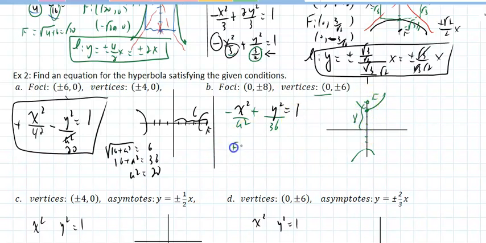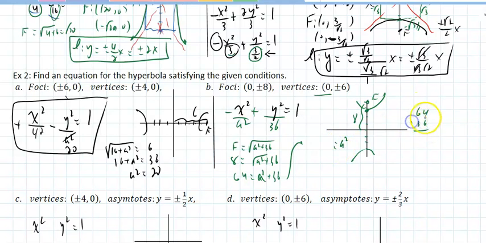So we say the foci is the square root of a squared plus 36. 8 equals the square root of a squared plus 36. 64 equals a squared plus 36. A squared will equal what's 64 minus 36? 28. Throw 28 in and there it is.